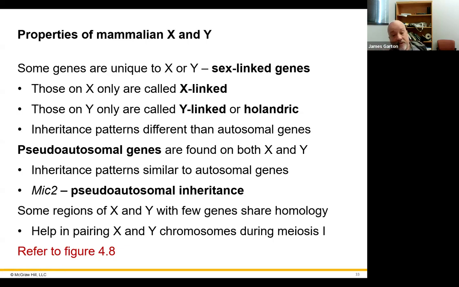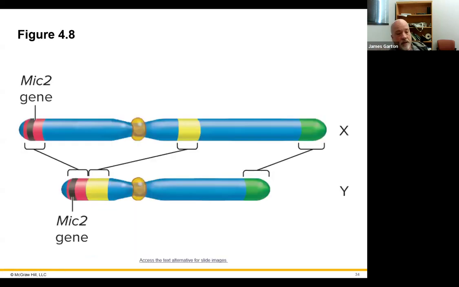Now, crossover between X and Y is unusual, but it can happen. And so you have some conserved regions in the X and the Y chromosome that mean that these will pair during prophase one.